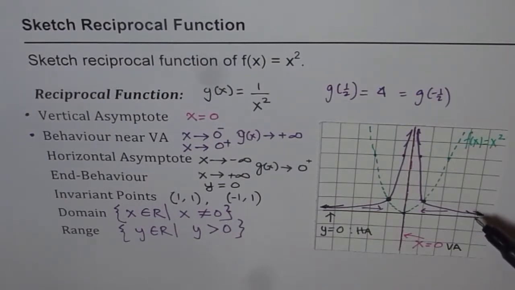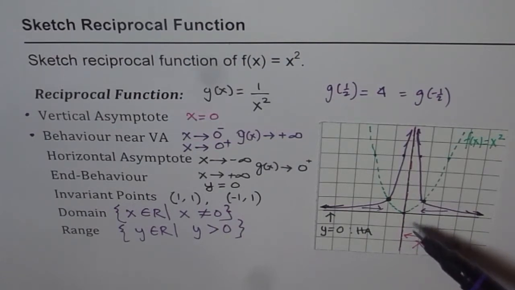In this case, it approaches 0, and therefore the horizontal asymptote is y equals 0. Since x squared is always positive, the reciprocal of x squared is going to be positive, so it approaches 0 from above the x-axis. The domain is all real numbers except for x equals 0, and the range is greater than 0.